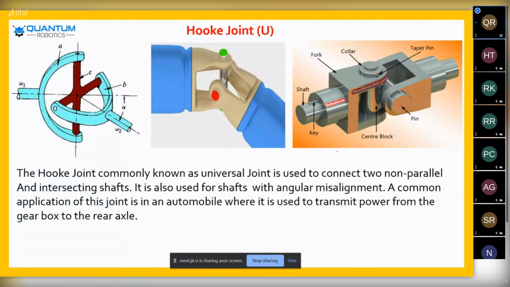It is also used for shafts with angular misalignment. A common application is in an automobile, where it transmits power from the gearbox to the rear axle.